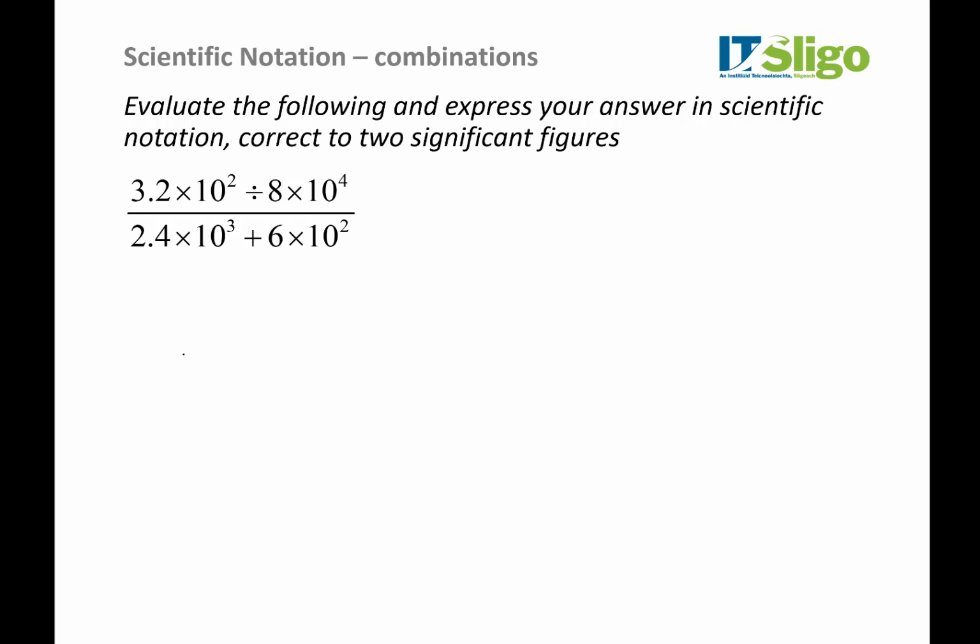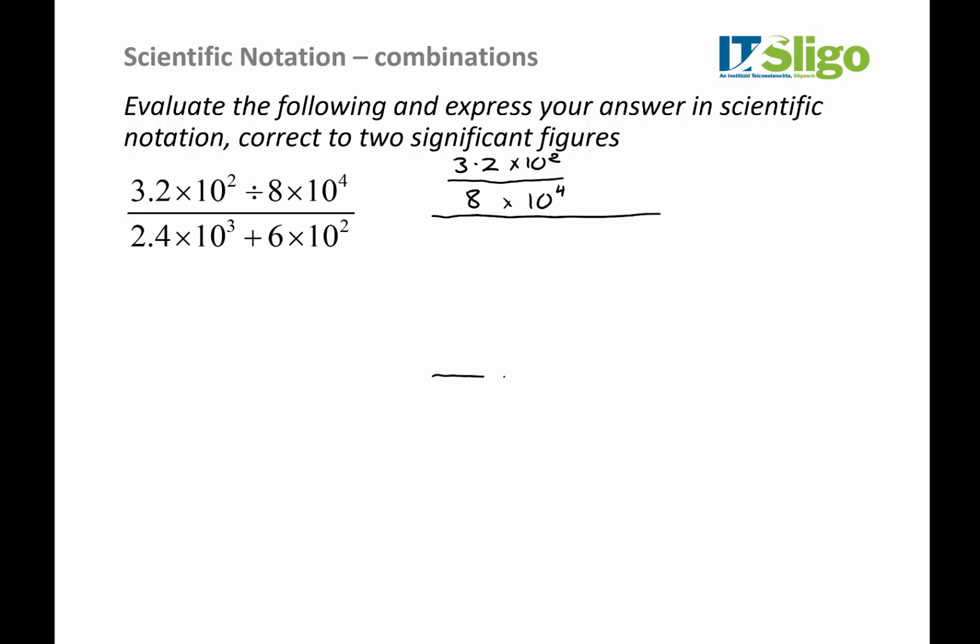So I'm going to work out the top line first. So here, guys, I have 3.2 by 10 to the power of 2, and it's been divided by 8 by 10 to the power of 4.